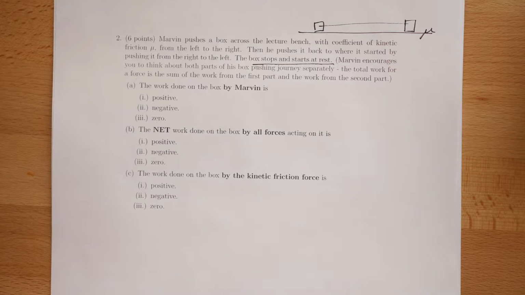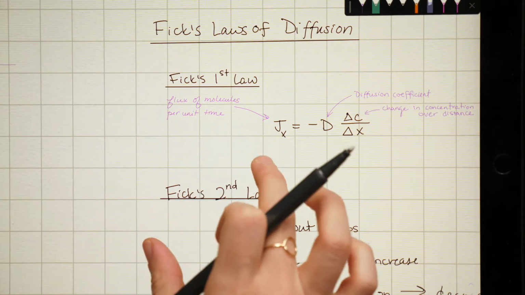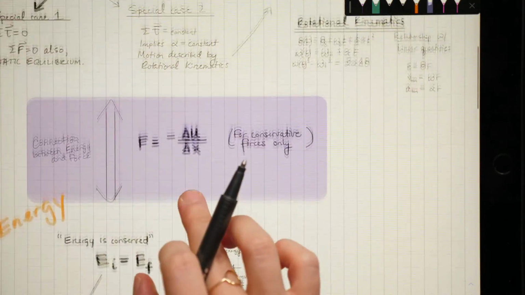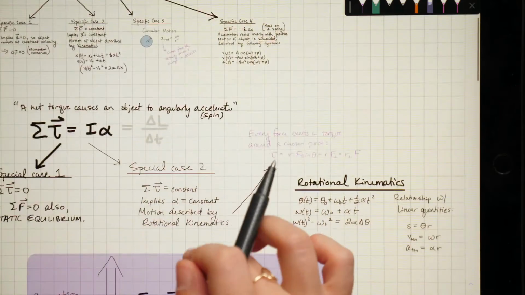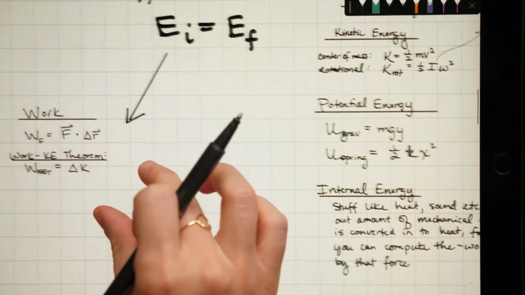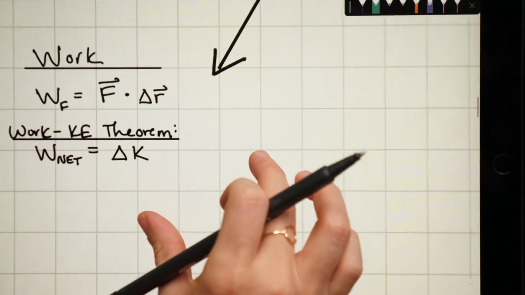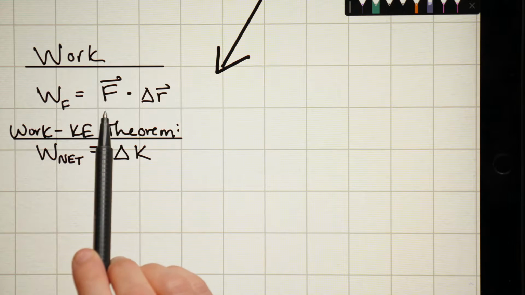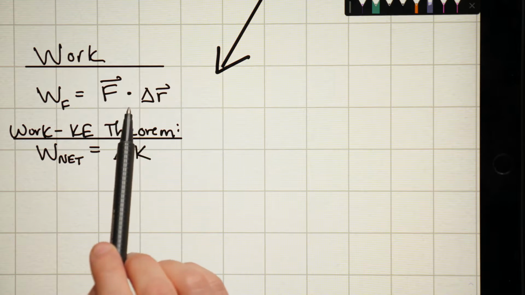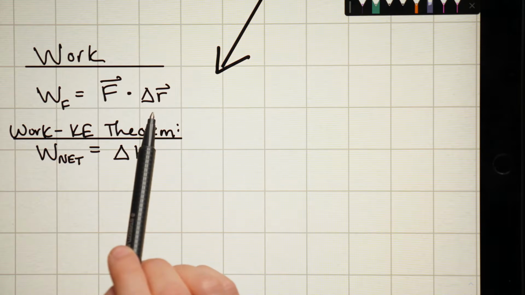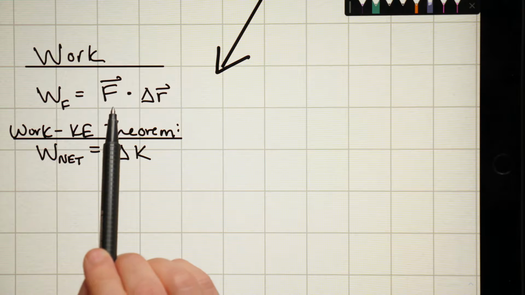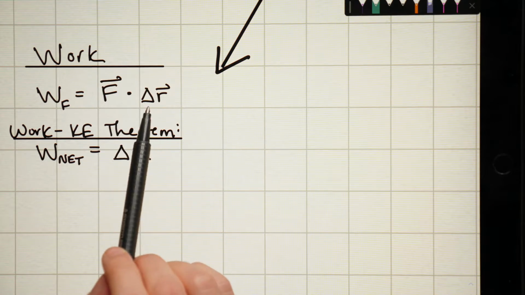So if we look at our equation sheet, and let's look at the work section. Where's work? Here it is. So the work done by a force F is the force F dotted with the path that the object takes. So the sign of work depends on the dot product of those two vectors.